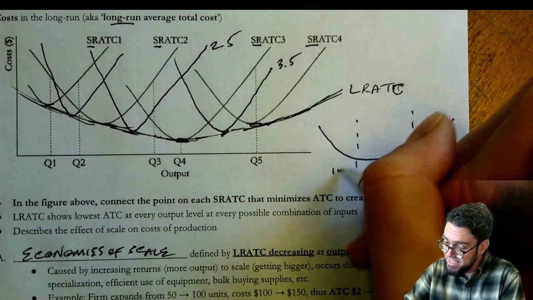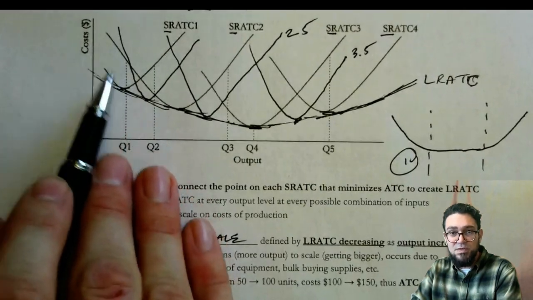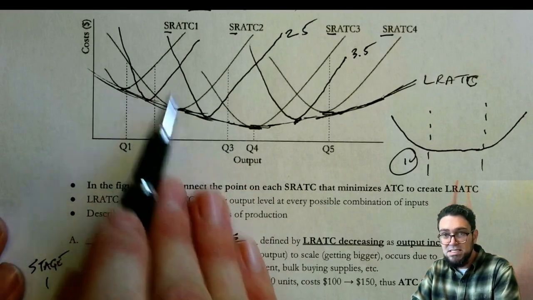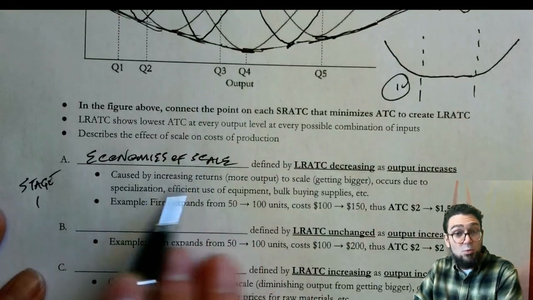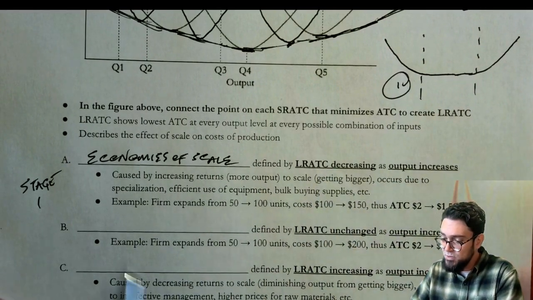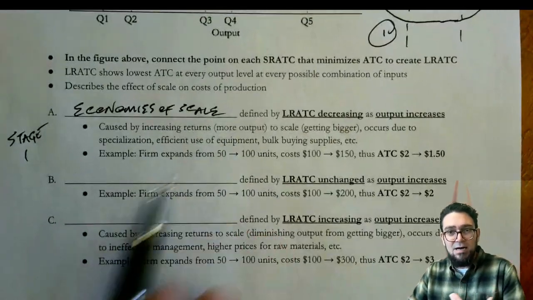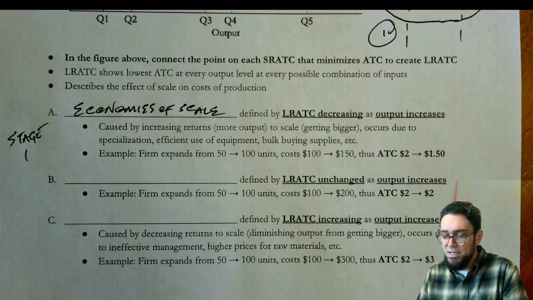And that's this stage right here, where your LRATC is falling. So as we're moving from these first SRATC curves to the second SRATC curve, we are in what we call the economies of scale range, where LRATC is decreasing as output rises. And I gave you some examples and explanations for why that happens, but it's fairly straightforward to think about why that would happen.